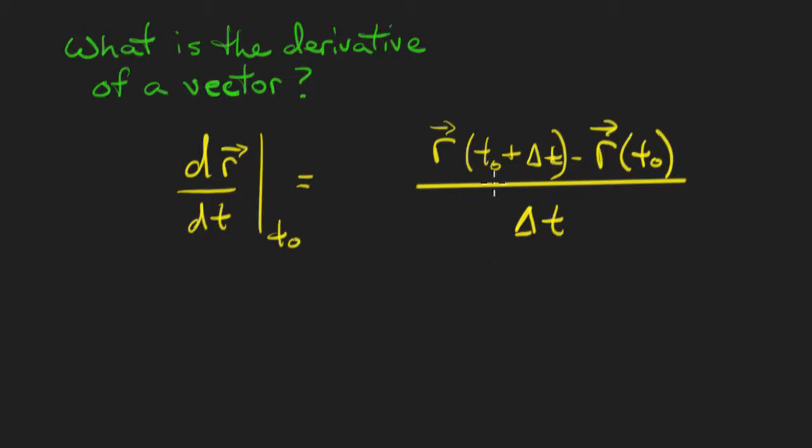We divide it by the delta t, right? So here's the position vector in the near future minus the position vector currently divided by the delta t, and we take the limit just like we did for scalars as delta t goes to 0. Now if r is the position vector, like we stated just a moment ago, then this derivative of r with respect to time would be our velocity vector.